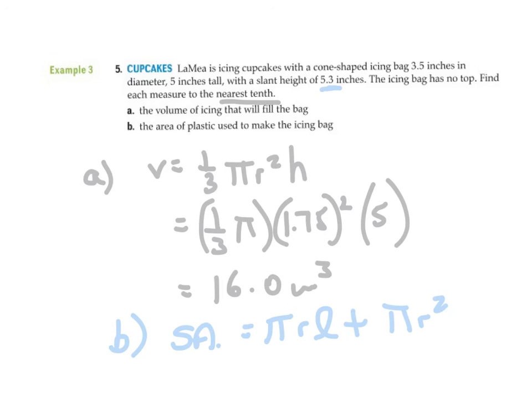So again, just substituting, each of these is the radius, so each one of them needs 1.75 instead of the 3.5. Everything else apart from the L, which is 5.3, a number cruncher, come up with your answer. And you actually get 29.1 if you did it correctly, and that's inches squared, because don't forget that's surface area.